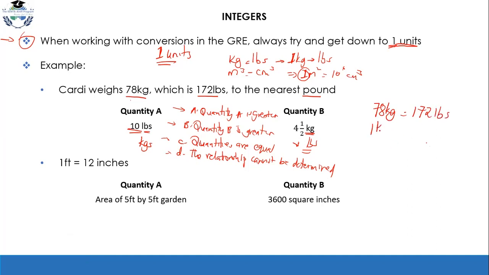So what about 1 kilogram is equal to what? Again, cross multiplication. So it's 1 kilogram times 172 pounds divided by 78 kilograms. So cancel this out. Then this is going to be 2 plus something here. So that's what the value of 1 kilogram is equal to: 2 plus something pounds here, right?